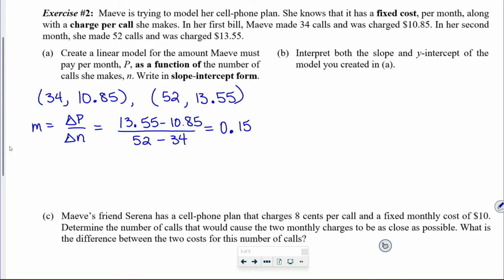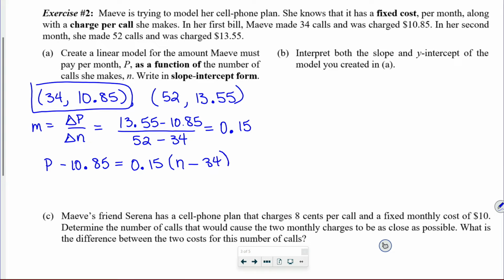Now I can use that slope and go with the first point, and I'm going to write in point-slope form. I'm going to say P minus 10.85 is equal to 0.15 times N minus 34.